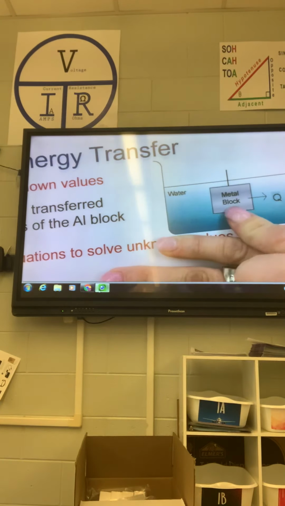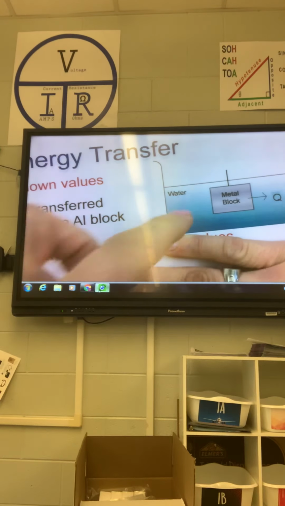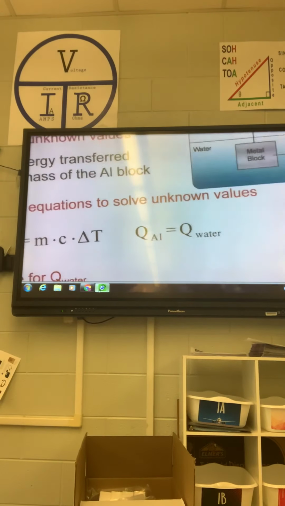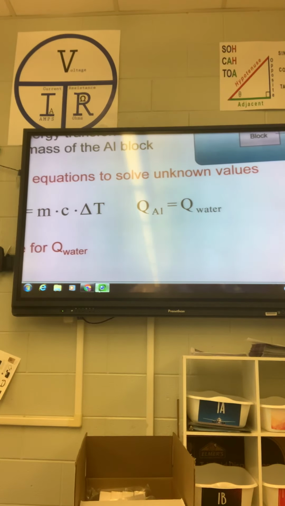So the block is going to lose energy, the water is going to gain energy, and the amount the aluminum loses is the same as the water gains. That makes sense? So that's what this means here. The energy transferred from aluminum is the same as the energy transferred for water. That's what that means.